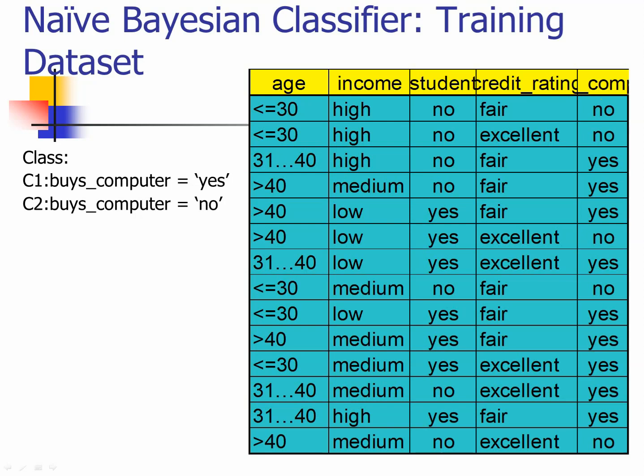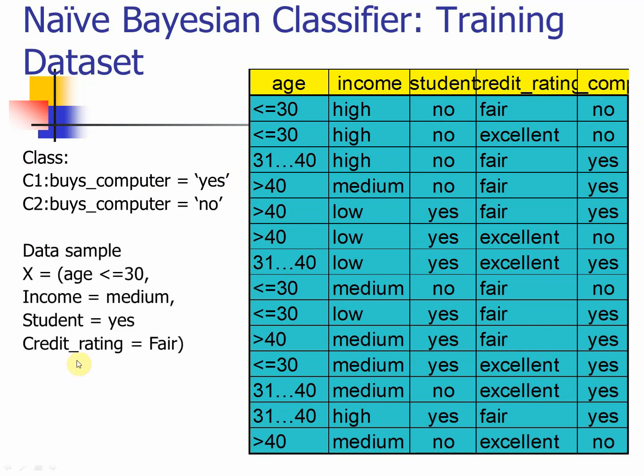So you can see that there are two classes for us to make the prediction: either this person is going to buy a computer or not going to buy a computer. This whole thing is our training data set. So we have 14 different individuals for us to train from, and then we have unknown data coming in.